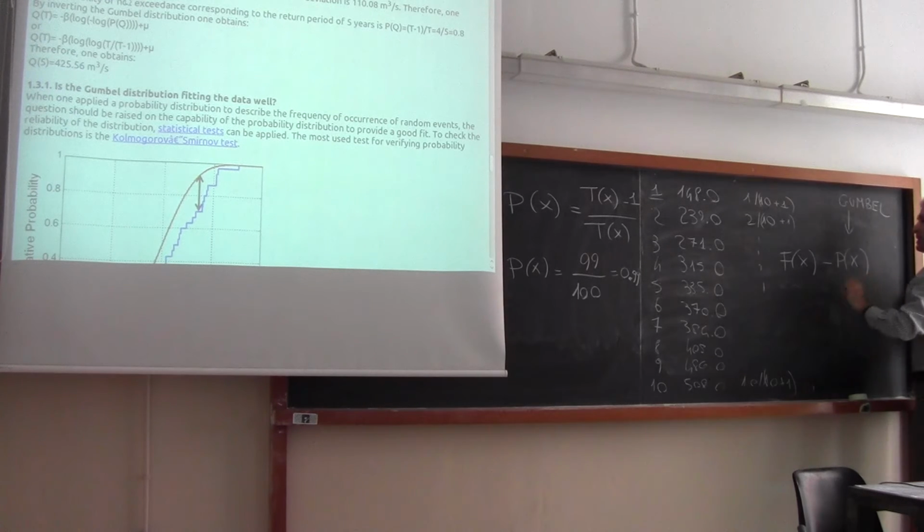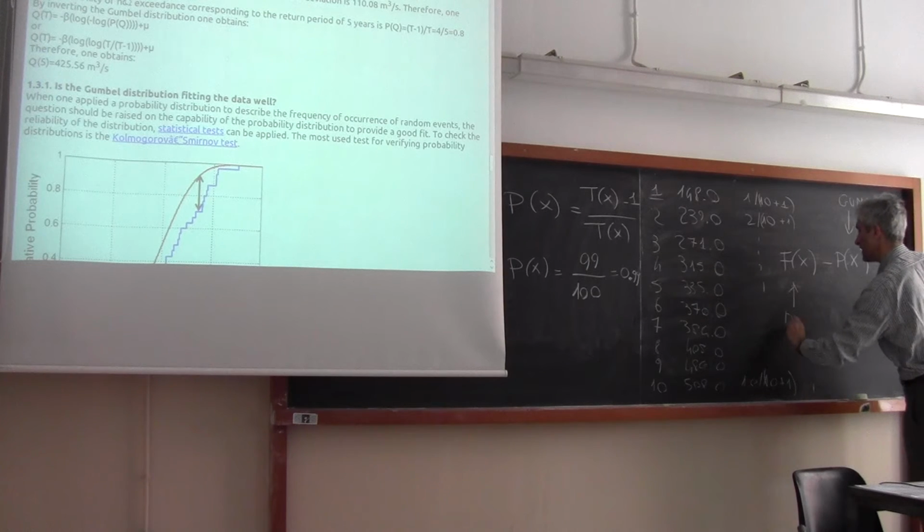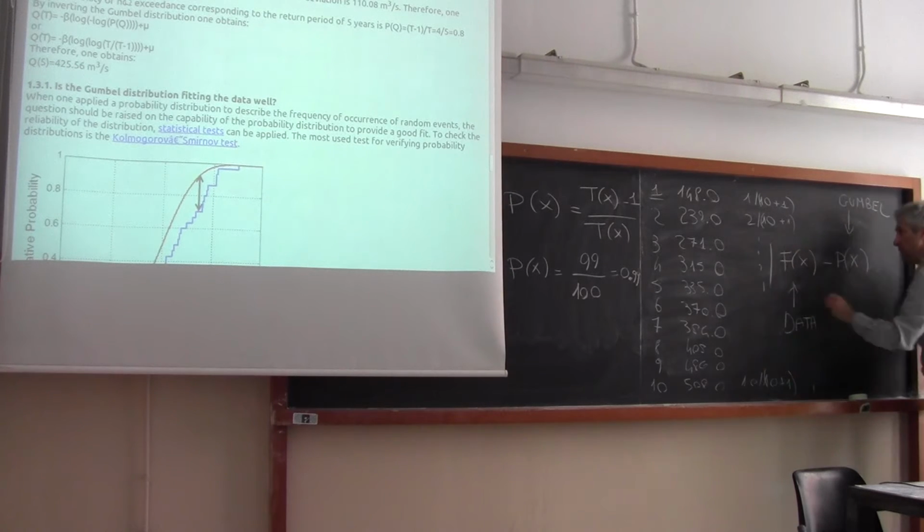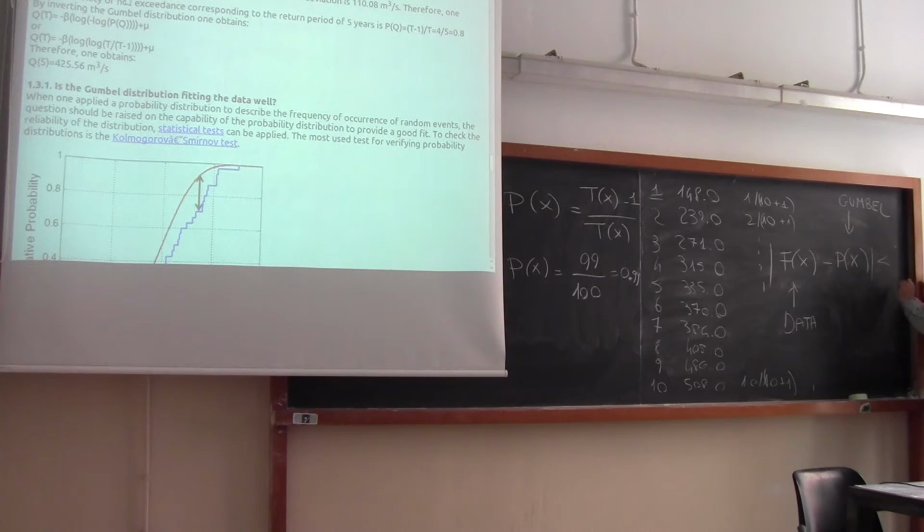So this is given by the Gumbel and this is given by the data. It's intuitive that if the Gumbel distribution is working well, it should approximate the frequency of not exceedance, and this difference should become negligible. Let's compute it in absolute value and say that this has to be lower than some statistic.